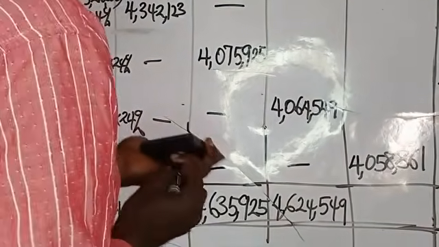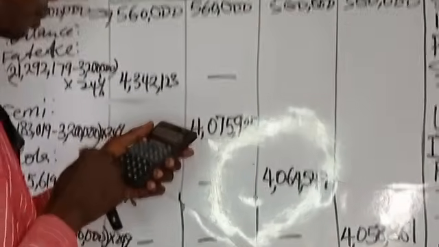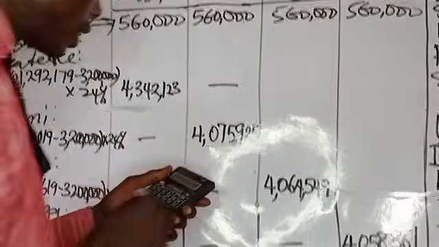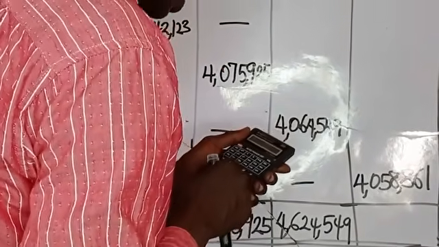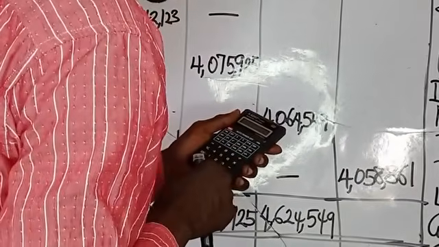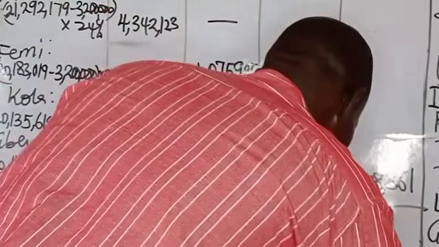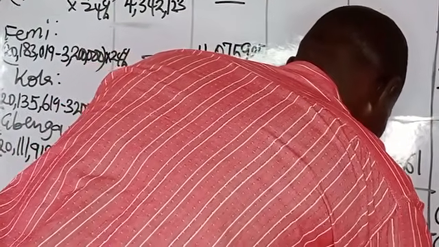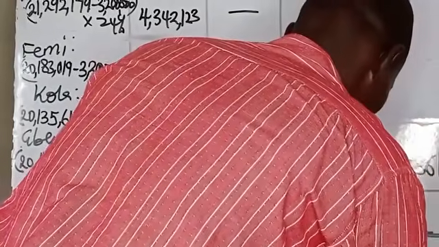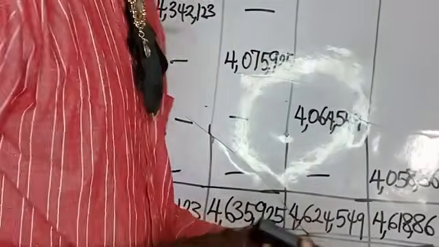For Benga, we have 560,000 plus 4,058,861. That is totaled 4,618,861. That is the solution to the question.